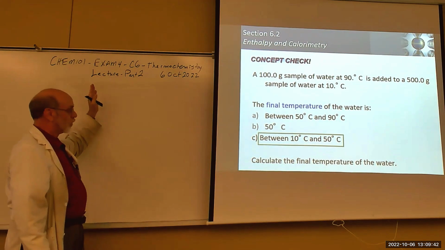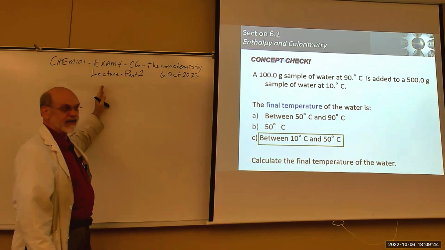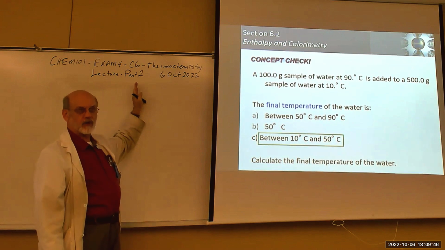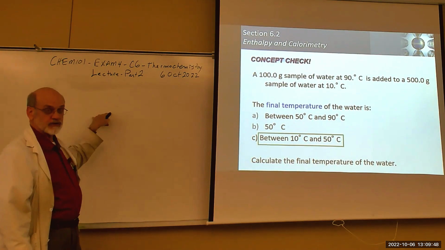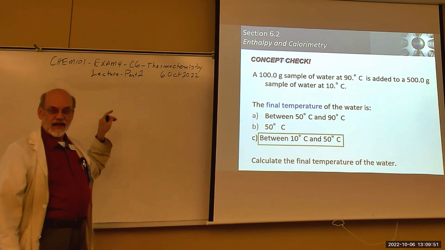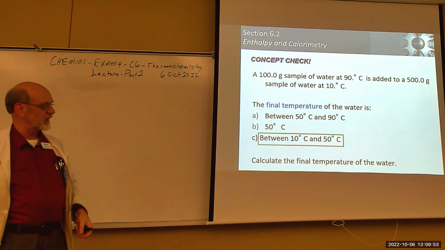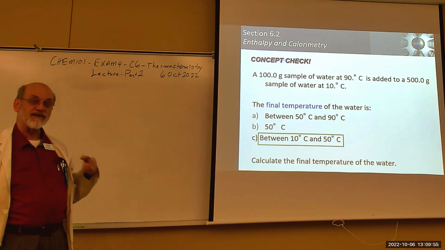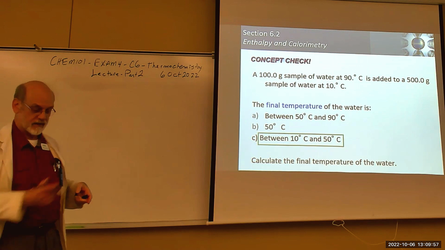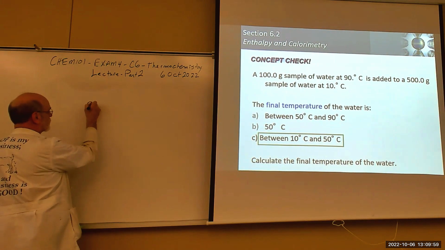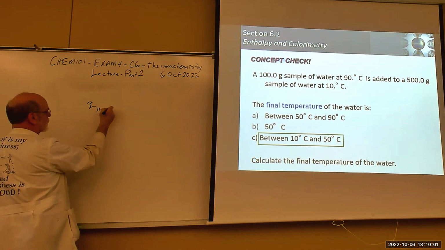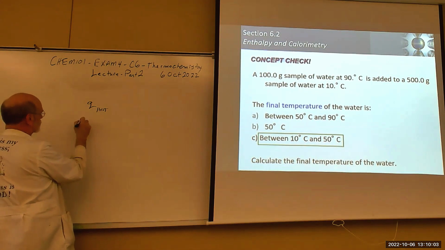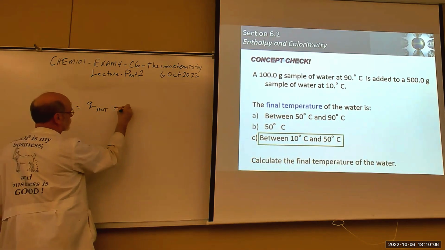Set up one of the waters, the hot water, as QH and the other one as QC for cold. Do those calculations for each one. And what would the unknown value be? The unknown value would be the final temperature, right? So let's do the hot one first.